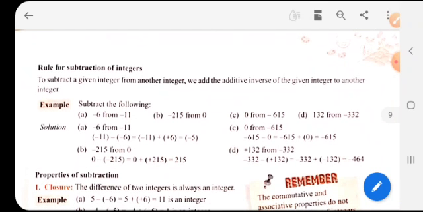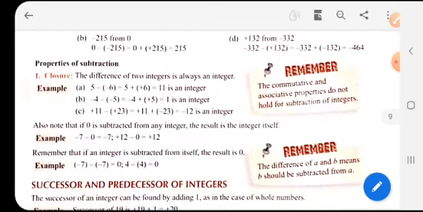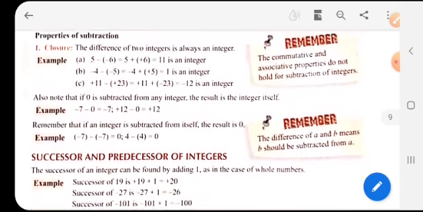So minus 11 plus 6 is minus 5, and we get the difference with the sign of the greater integer. Then properties. The difference of two integers is always an integer. This is the property that we get.